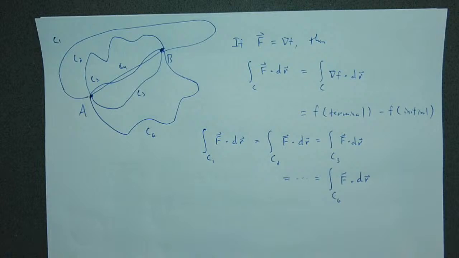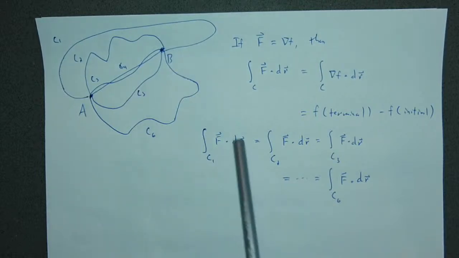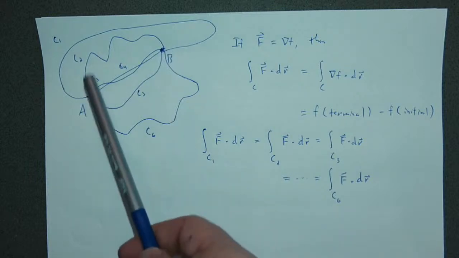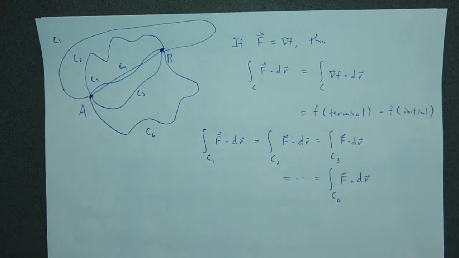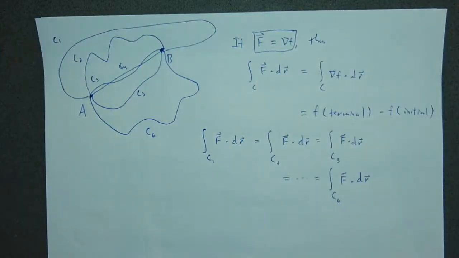And so we have this terminology, path independence, or we say that the line integral of such a vector field is independent of path, because it doesn't actually matter what curve you integrate over, so long as they have the same initial and terminal points, you're going to get the same thing. Okay, so that's clearly a special thing that's not always going to occur for general vector fields and curves. But for vector fields that come from the gradient of some function, this is true.